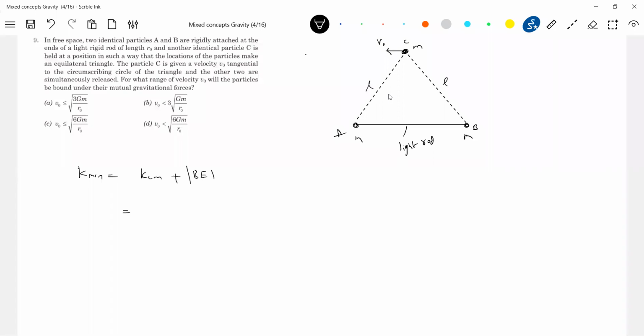Kinetic energy of center of mass should be equal to 3m vcm squared by 2, where vcm is v naught by 3, plus binding energy, which is 2Gm squared by L.